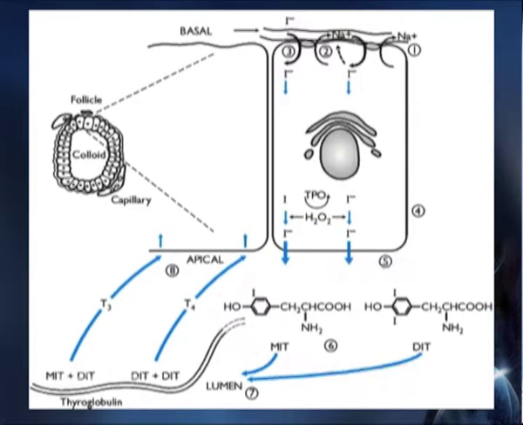Point 6 shows active iodine helps thyroglobulin molecules to form mono and diiodotyrosines, that is MIT and DIT. The 7th point displays thyroglobulin uptake that takes place into the follicular cell lumen, and finally about 1% of stored colloid is removed every day.